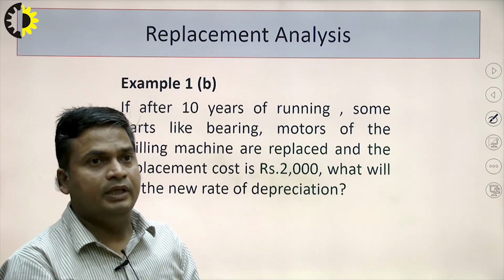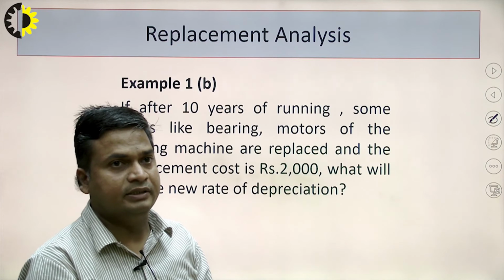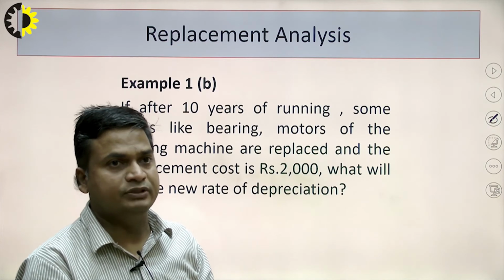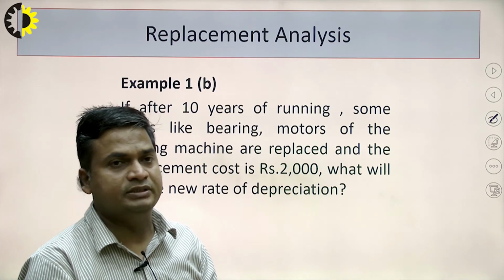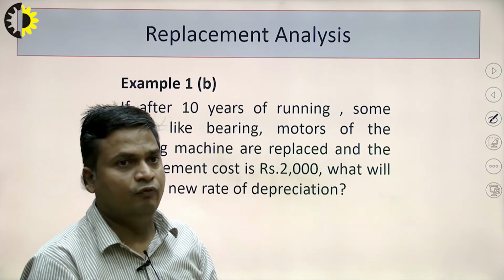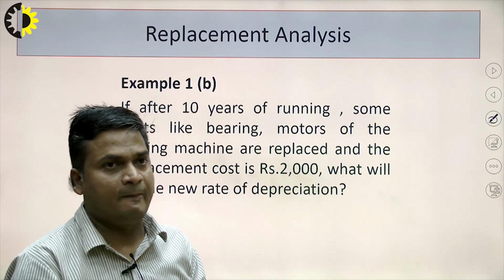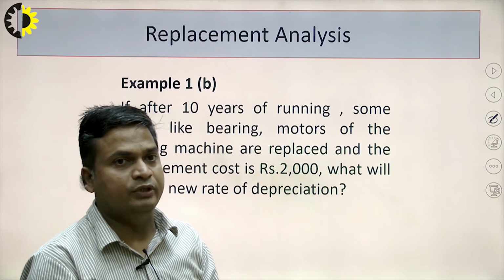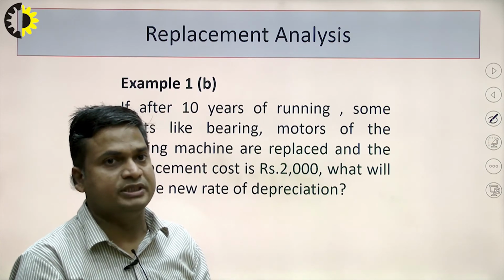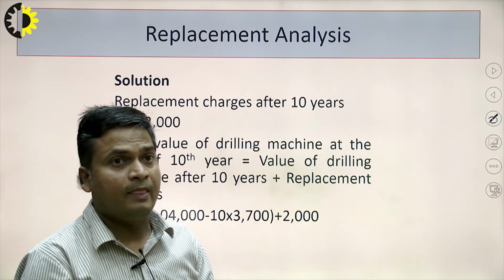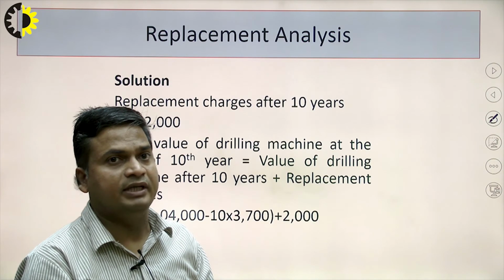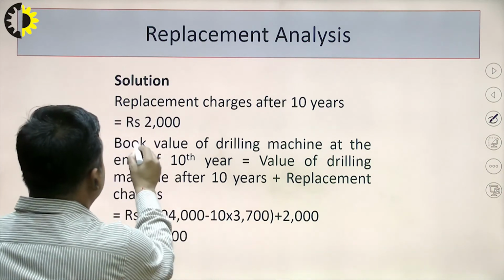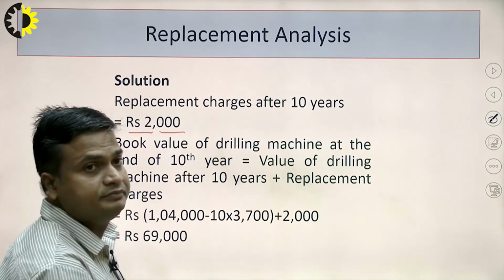Now, if after 10 years of running some parts like bearings and motors of the drilling machine are replaced and the replacement cost is rupees 2,000, what will be the new rate of depreciation? We have to find the new rate of depreciation because some replacement cost is there. So, solution: replacement charges after 10 years equal rupees 2,000.